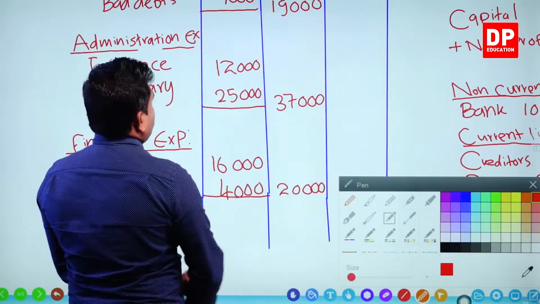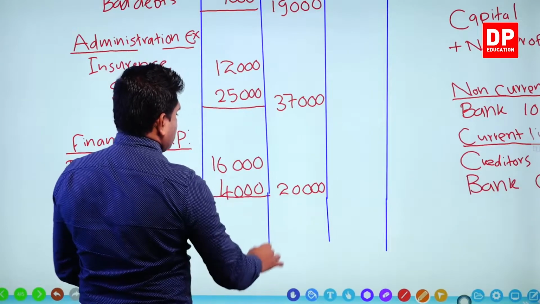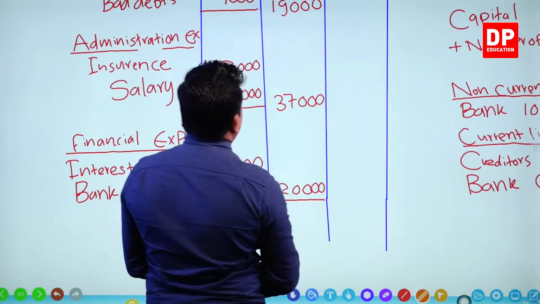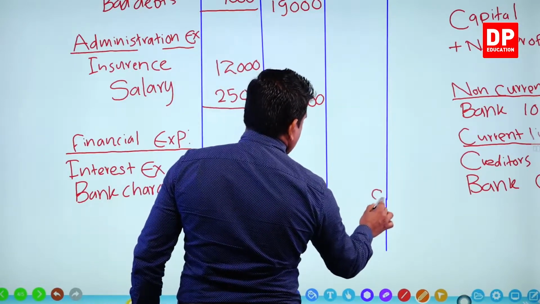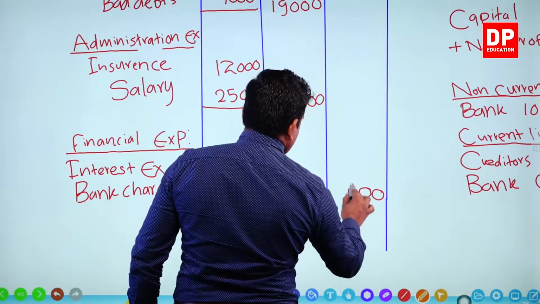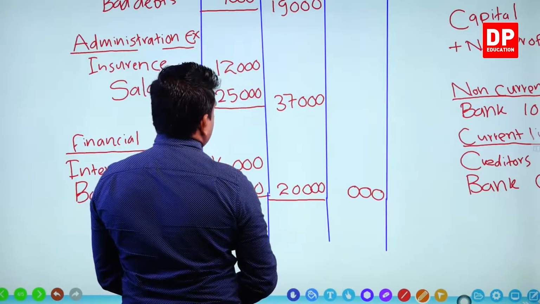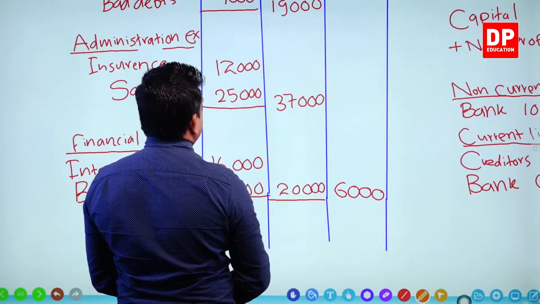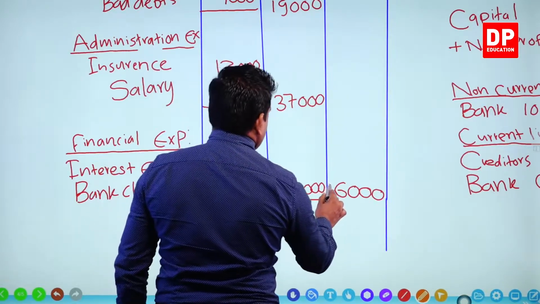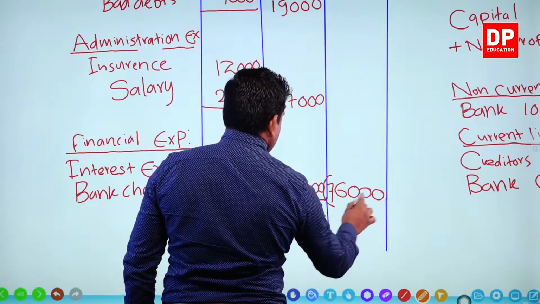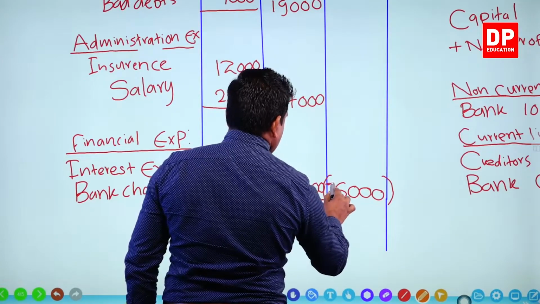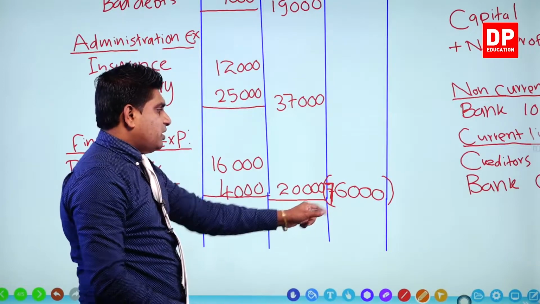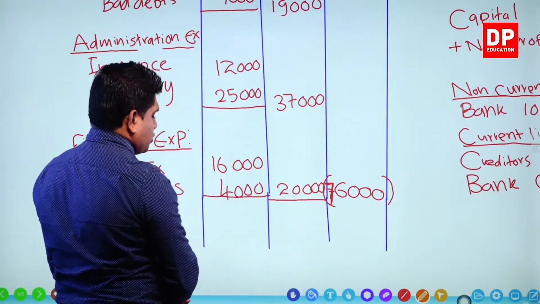Now you can see there are three main expenses. You have to add them. Then the total is 76,000. These are the total expenses, right?